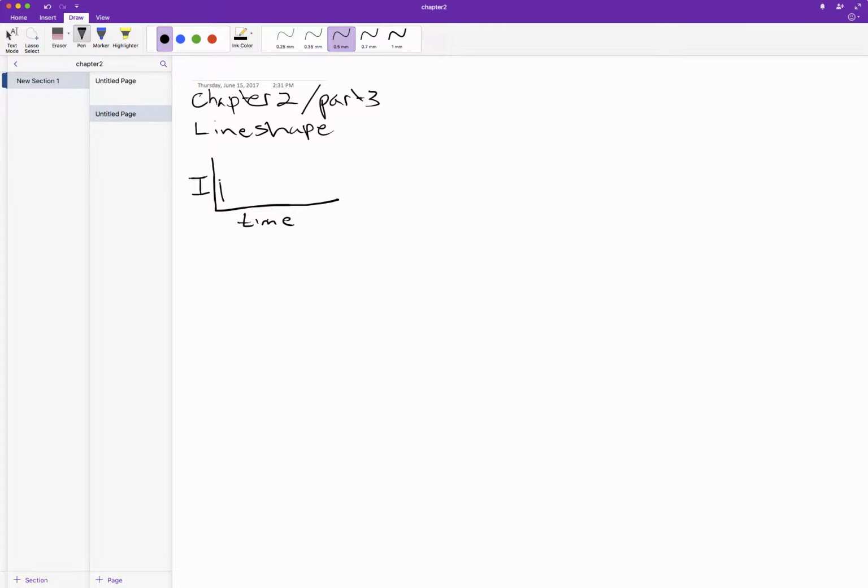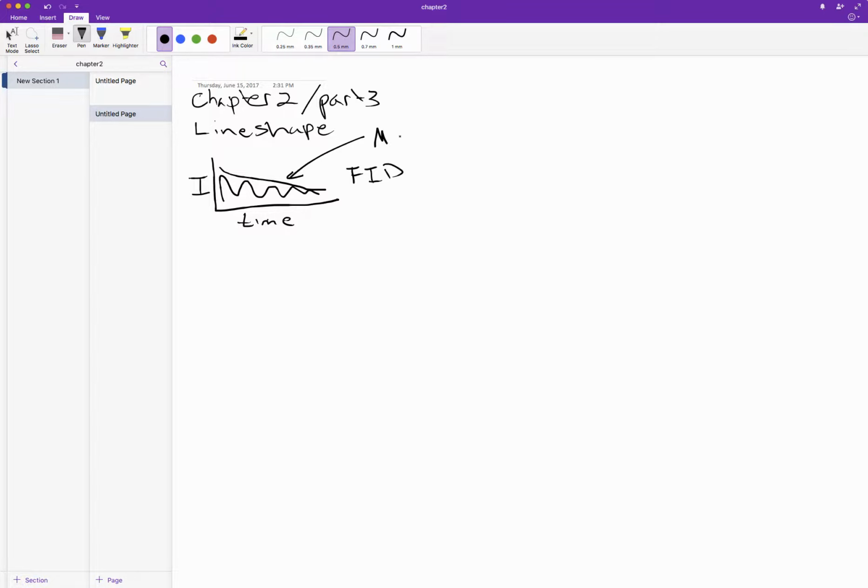And what you'll see is what we call the free induction decay, or the FID. And this FID, which I didn't draw very well, has an exponential decay.